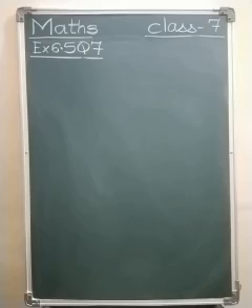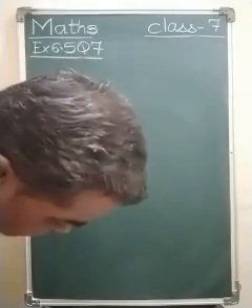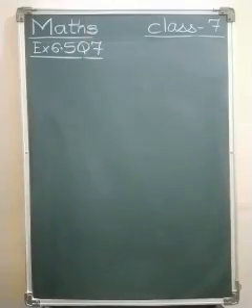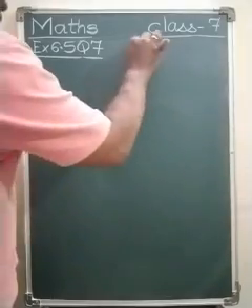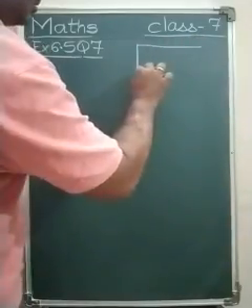Find the perimeter of the rectangle whose length is 40 centimeters and a diagonal is 41 centimeters. Now this is exercise 6.5 question number 7. So there is one rectangle. Let us draw a rough figure.